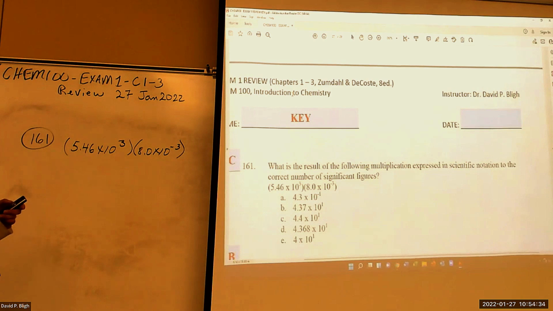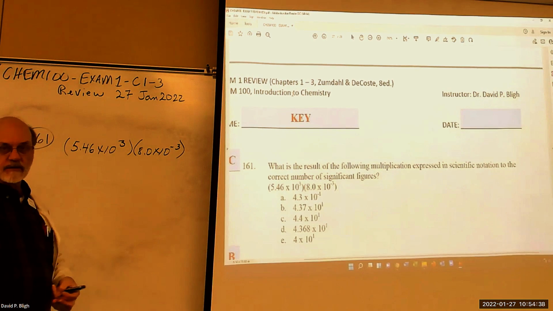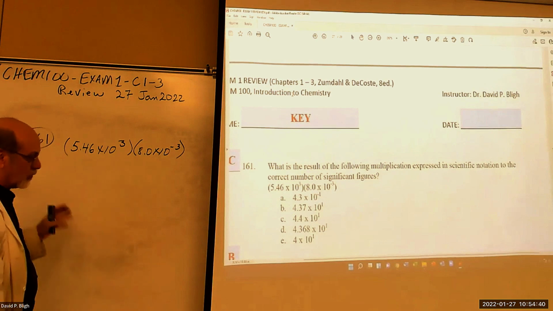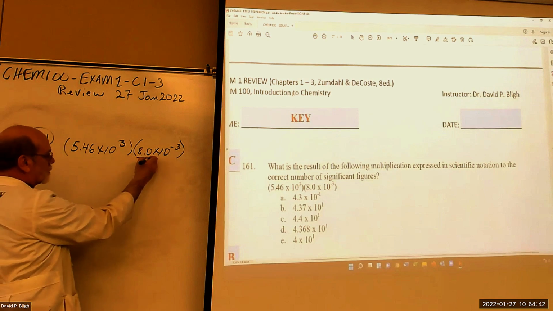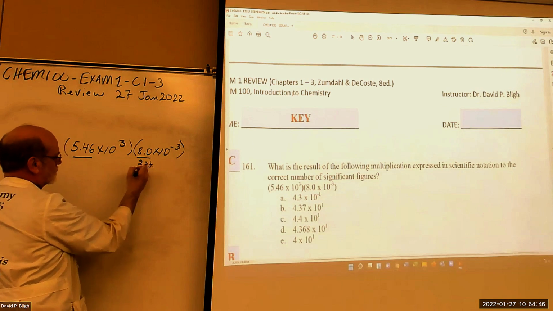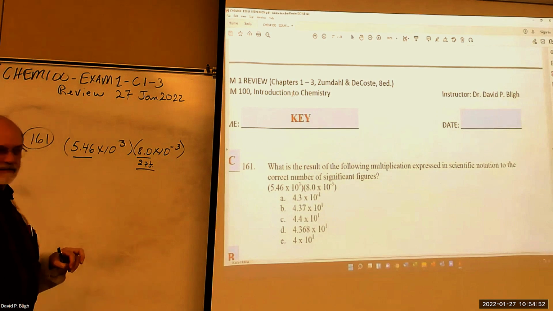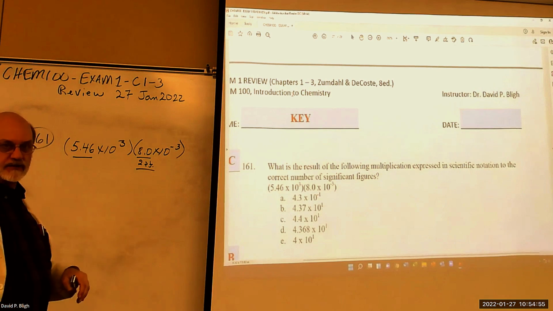Okay. So if you have your calculator, you just punch in those numbers and then you apply the rules, right? We're limited to 2 significant figures in our answer, right? So if I don't have my calculator, can I pick the right answer out of this bunch?